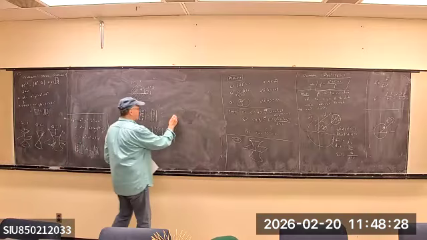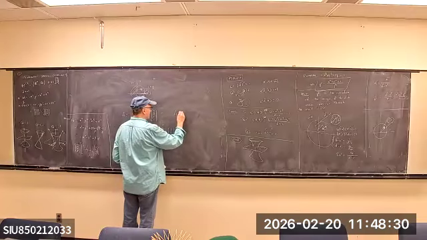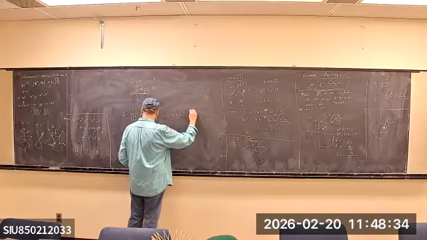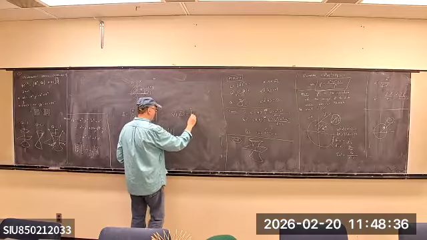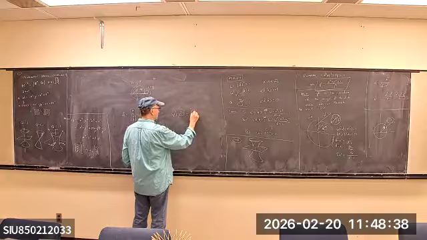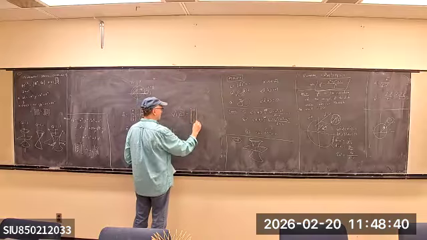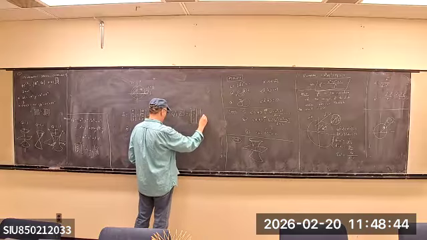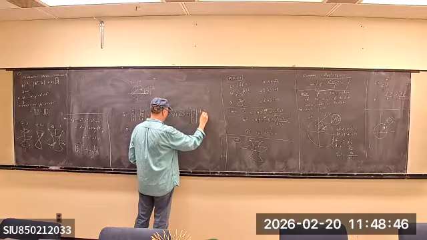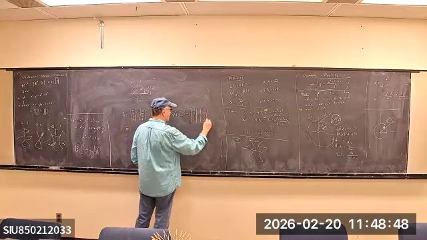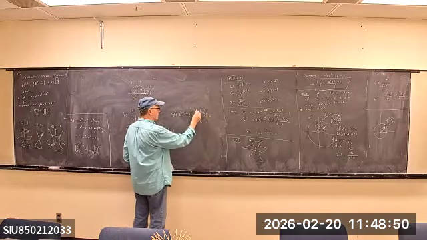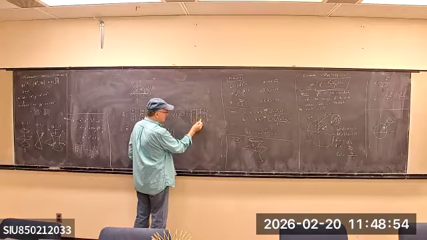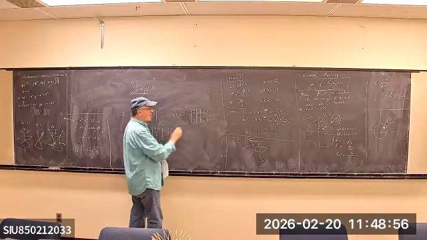Now, let's calculate the inner product. So let me put those numbers. One was 0, 0, 1, minus 1. And the other one is 3, 0, 2, 1. And how do we calculate it? This times this, and then this with this.